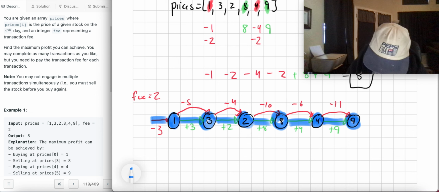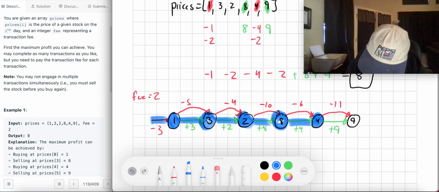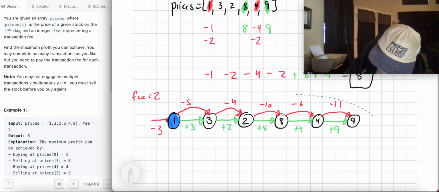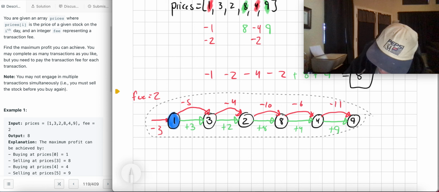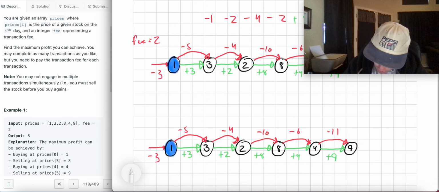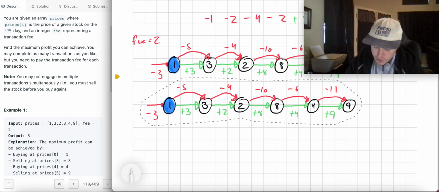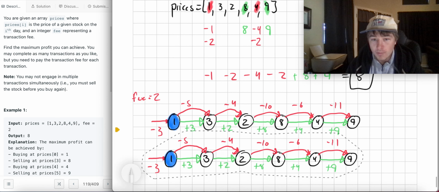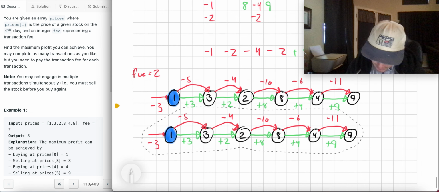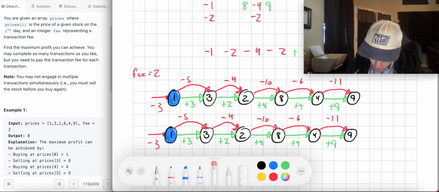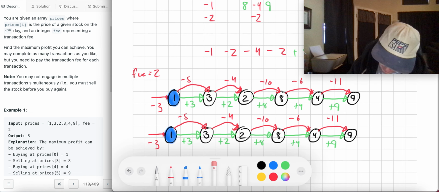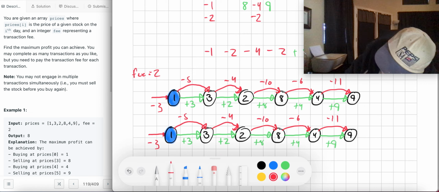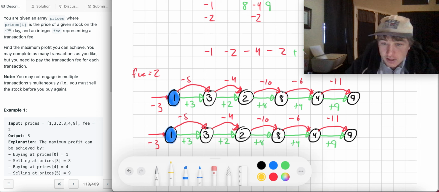So in order to do that, what we will do instead is we will copy this graph and we'll create a duplicate where we think about the fact as to whether we have sold or bought. Meaning that we'll create two states.